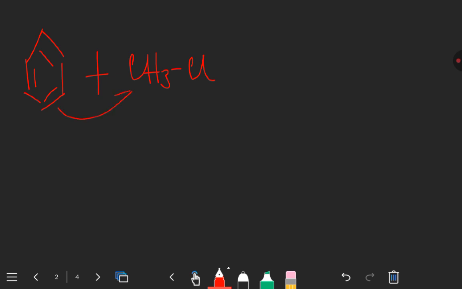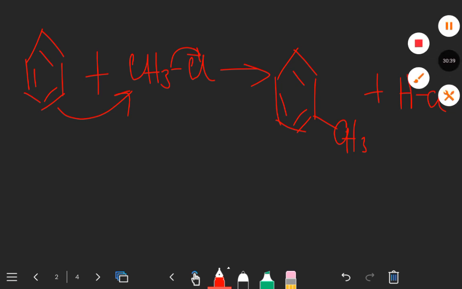Then this reaction has to occur in this manner, where we now have the benzene ring attached to this methyl, of course with HCl like that. So this compound which is formed here is a methyl benzene.